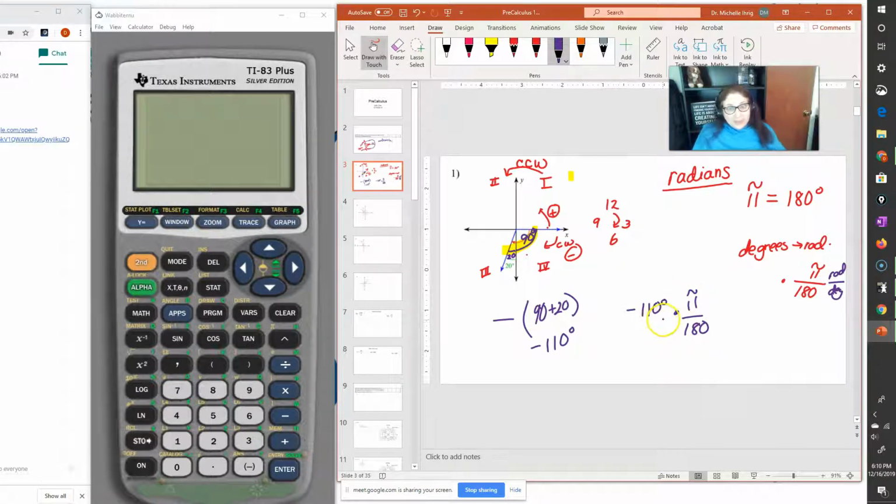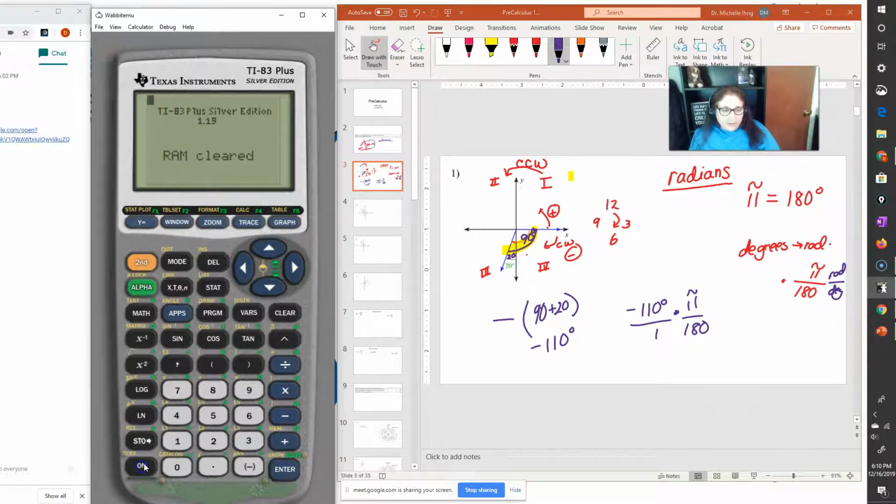Now, there's a couple ways that you can do it. You can do it in your calculator. So if I went and did it in my calculator, I know my answer is going to be negative because this is negative. So I've got 110 pi over 180 because my degrees canceled out.